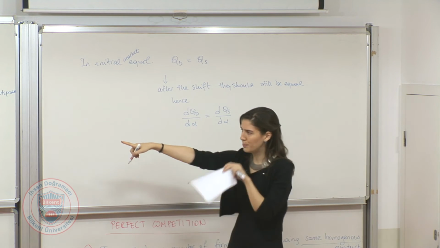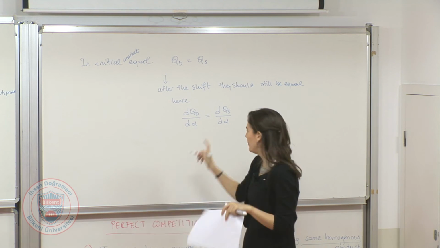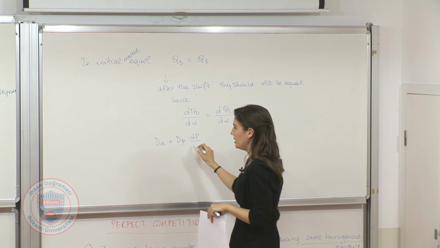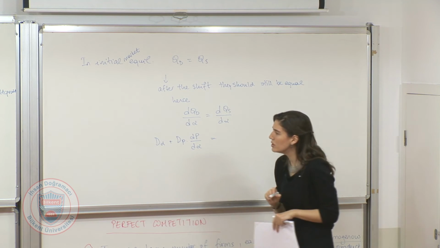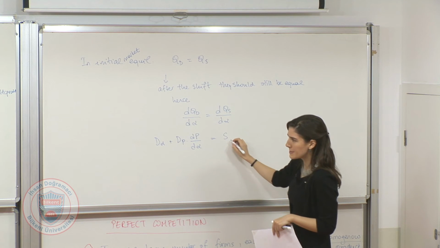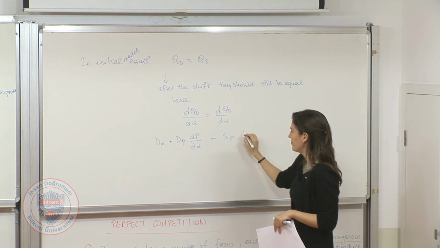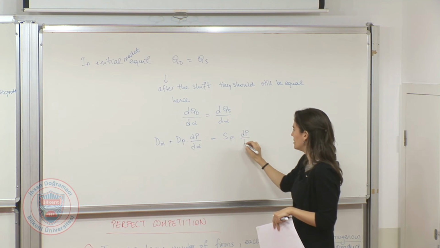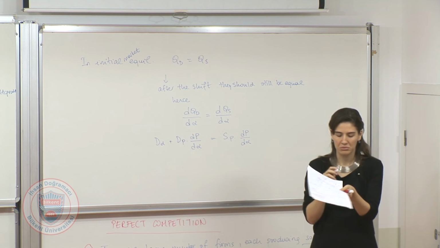Now let's put those expressions in their places. So dQd/dP times dP/d alpha, plus d alpha, should be equal to 0 plus dQs/dP times dP/d alpha, okay?